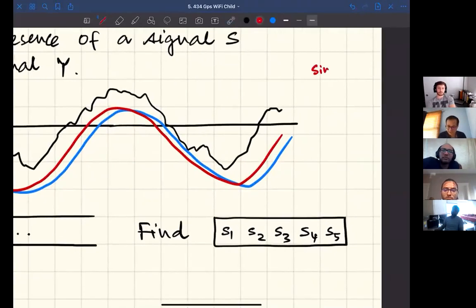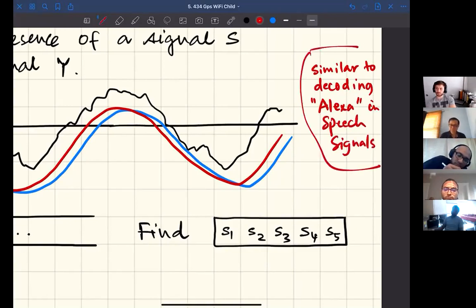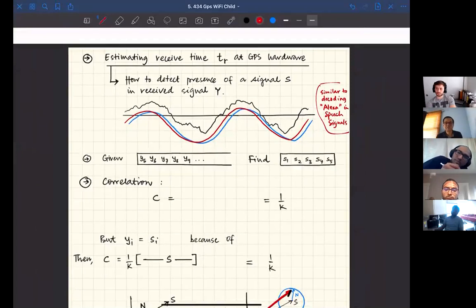This is similar to decoding Alexa in speech signals. Okay. What is your Alexa doing? It's constantly listening and it's looking, is this Alexa word embedded in the speech signal or not? If it is, it wakes up.